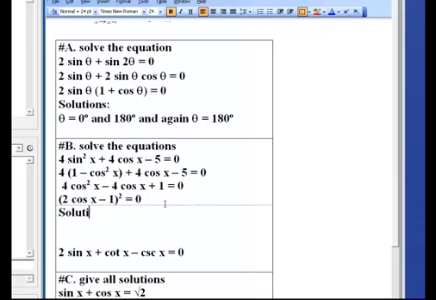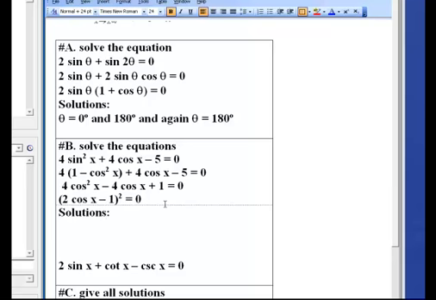Alright, so the solutions are cosine x equals 1 over 2, so 0.5. The reference angle for that one is 60 degrees, and we're in the first quadrant as well as the fourth quadrant, so 300 degrees.